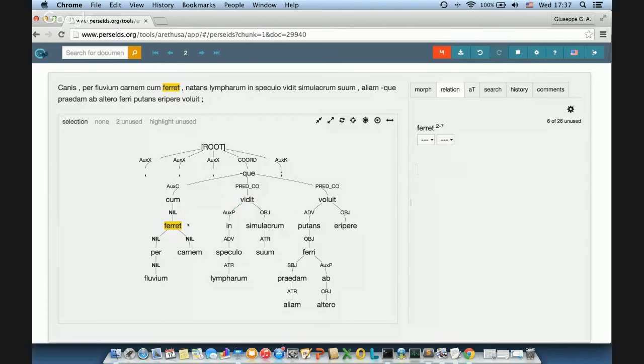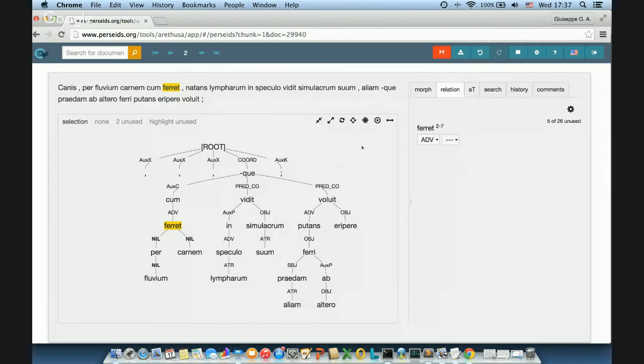Since we are talking about a circumstantial clause, while he was bringing, so this is a temporal clause, I would say. This is again an adverbial clause. It is not really specific to vidit or to voluit.